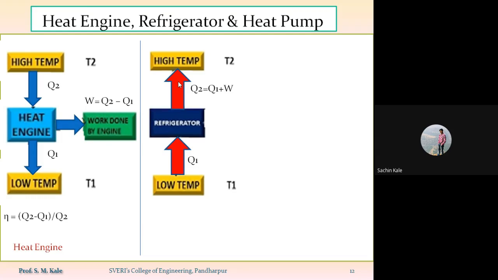This is only possible if we supply external work on the system. If I supply W amount of work, then only Q2 amount of heat will be rejected to the higher temperature region. Are you getting it? Yes or no?